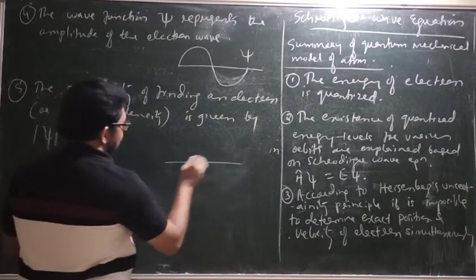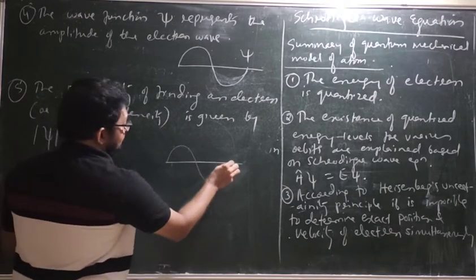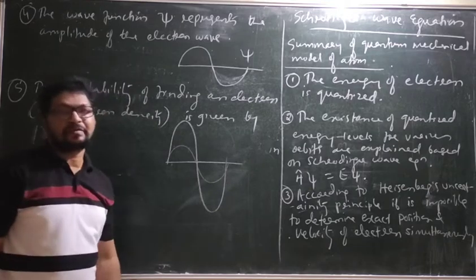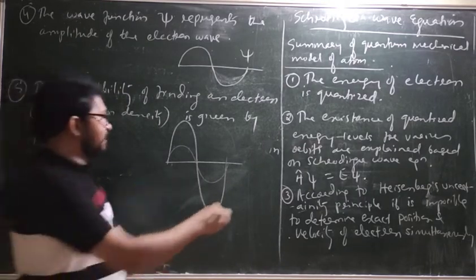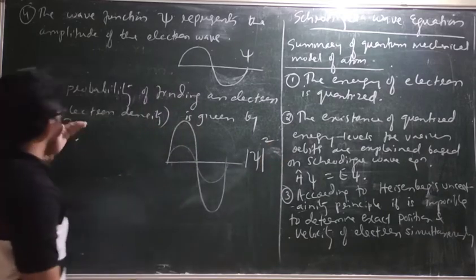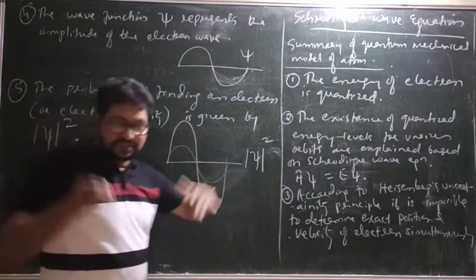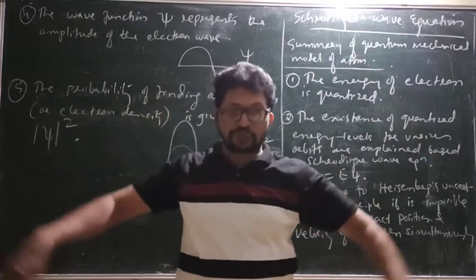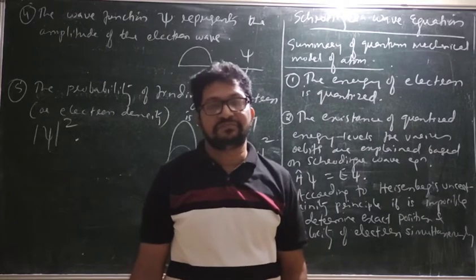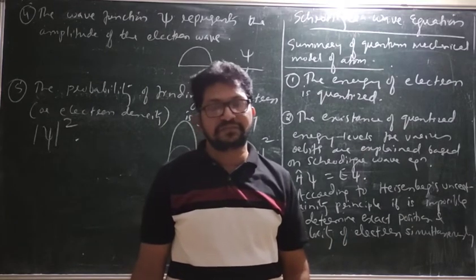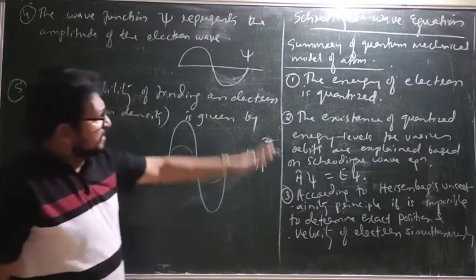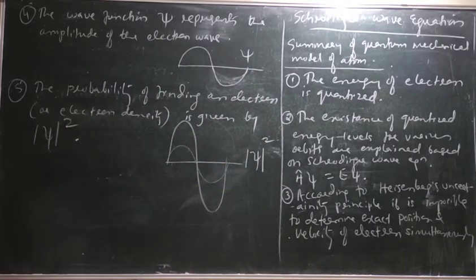That means if this is psi, this is psi square. The probability of finding the electron is modulus of psi square. That is also called electron density, the space or region around the nucleus where you can find the electron. That is called psi square. These are all the predictions of the quantum mechanical model of atom.